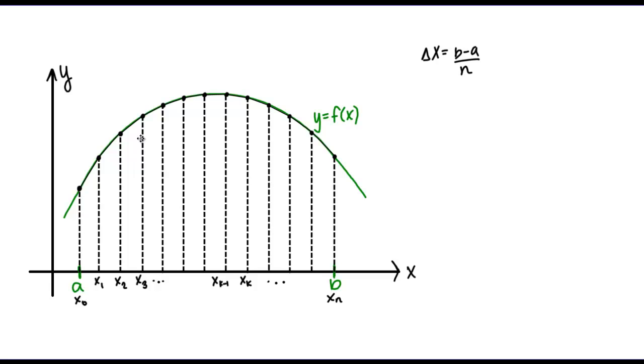And then further, for each subinterval, I'm going to approximate the curved segment by a straight line segment. So if you look closely at my picture, you can see that I've done that, right? I had this curve in green, but then on each subinterval, I've approximated the curved segment by a little line segment.